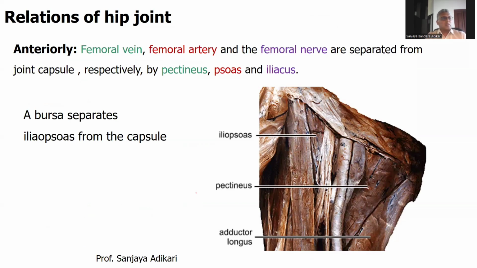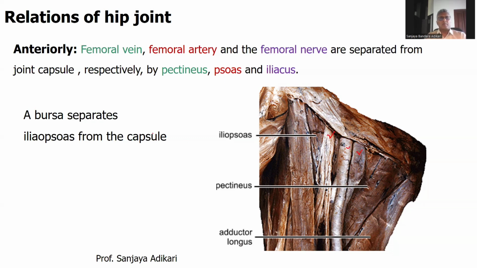Now, relations of the hip joint, I will not talk about them here, which will take time. I have nicely written it here. You carefully go through it and study it. I said before also how the nerve, artery, and vein are related to the muscles, and that the hip joint is deeper to the muscles.